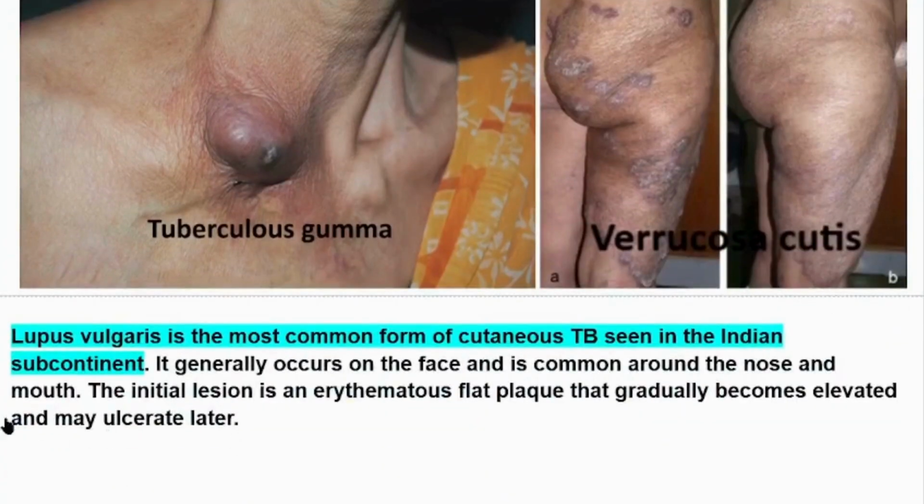As we said, Lupus vulgaris is the most common form of cutaneous tuberculosis seen in the Indian subcontinent. It generally occurs on the face and is common around the nose and mouth. The initial lesion is an erythematous flat plaque that gradually becomes elevated and may ulcerate later.